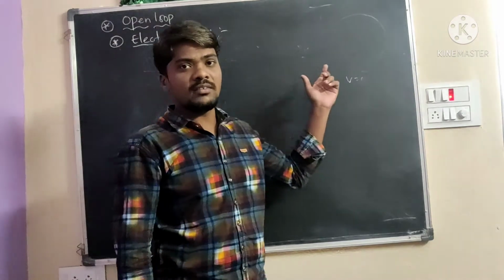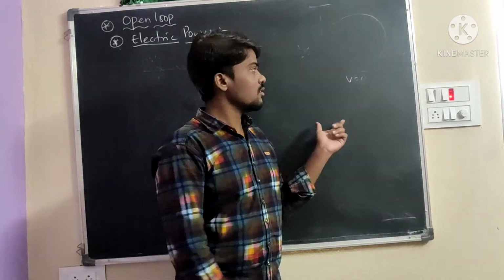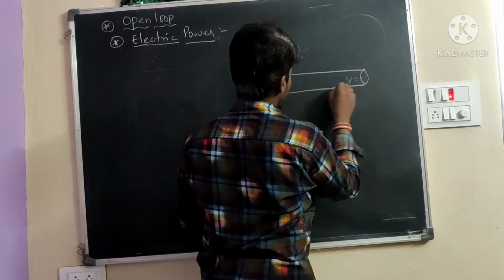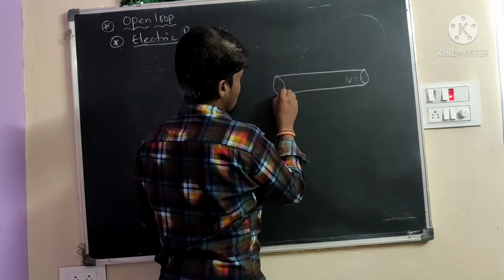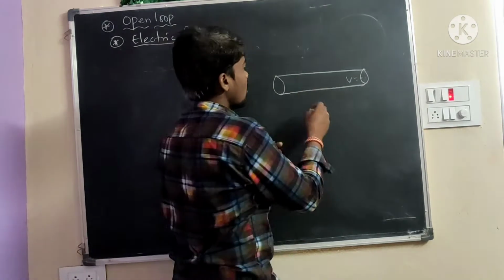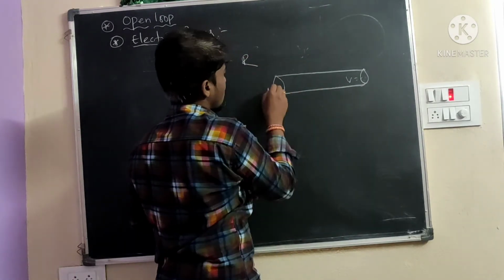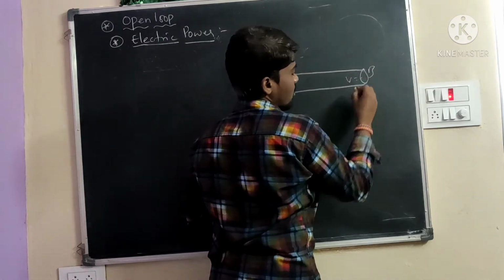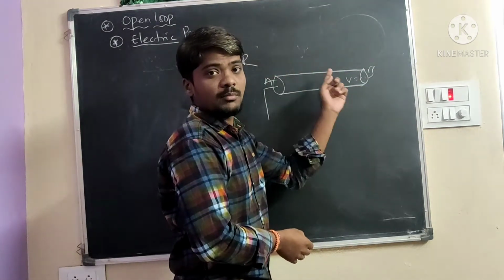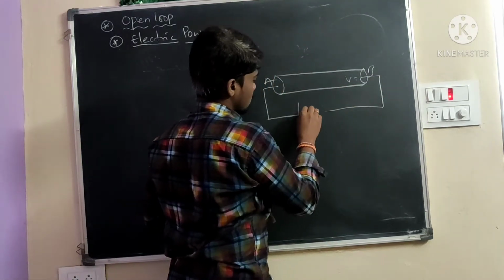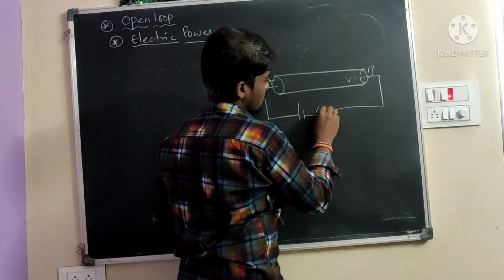For example, take a conductor. This conductor has some resistance. The ends of the conductor, A and B, are connected to a battery source and a switch also.